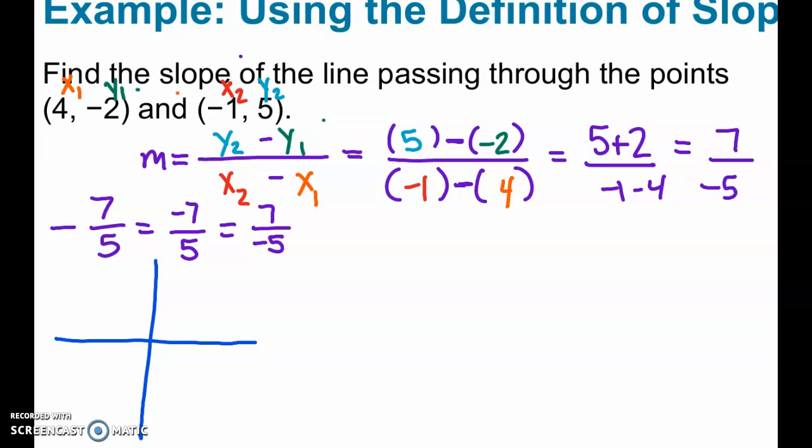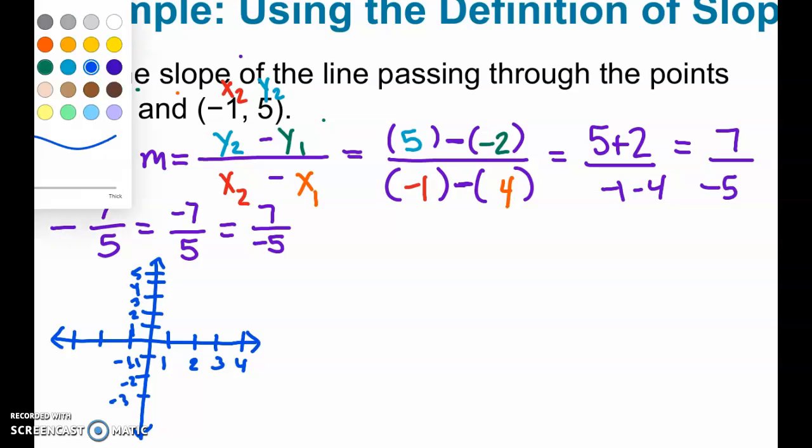Now, if I was to plot these points, I just want to take a look at what this line would look like. So all I need to plot a line is 2 points, and I have that. So I'm just drawing my XY plane, and then let's plot our 2 points.